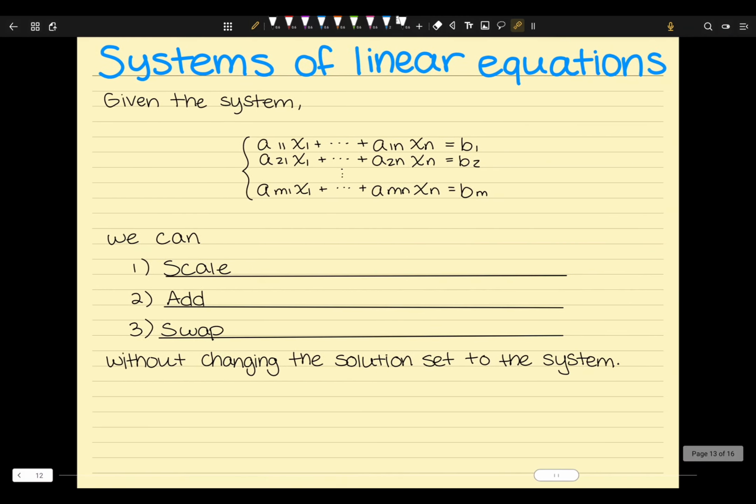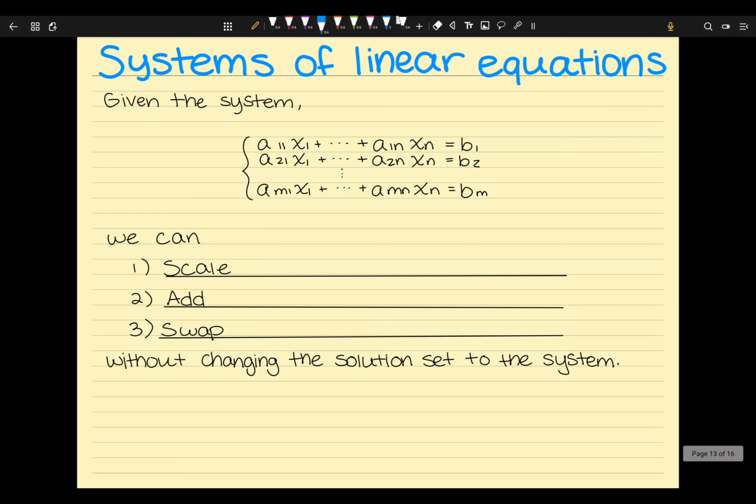Okay, so what can we do to this system to begin solving? There are three operations we have, and by doing these three operations, you don't affect the solution to the system, which is good. But we can use these operations to get the solution.